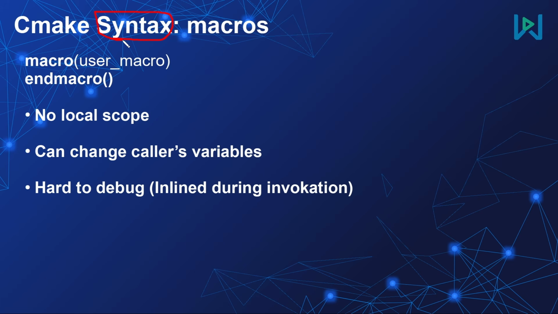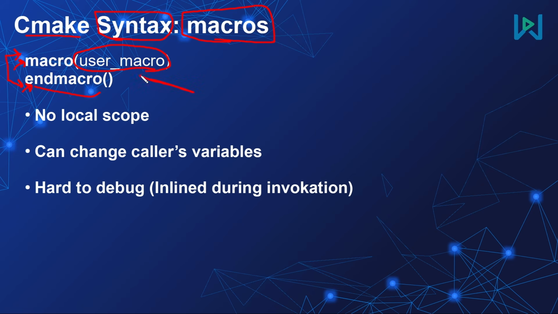Now, in terms of syntax, CMake does support macros. This is the way to define your own macro. You must use the keyword macro, and then you close the statement of your macro with endmacro. And here is the name of your homemade macro.